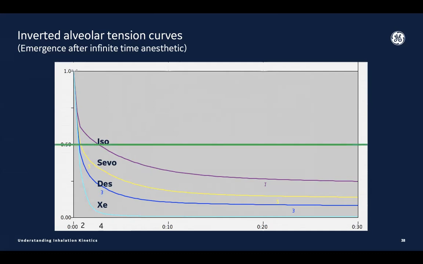With inhaled drugs, we have the same measures that we use for intravenous drugs, and that's we might look at the context-sensitive half time. Context-sensitive means here the context was an infinite length anesthetic. The half time is the amount of time it takes the plasma level to get to half of what it was when we started reducing the drug level.